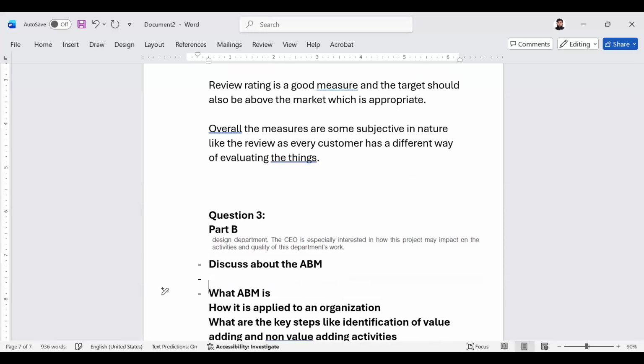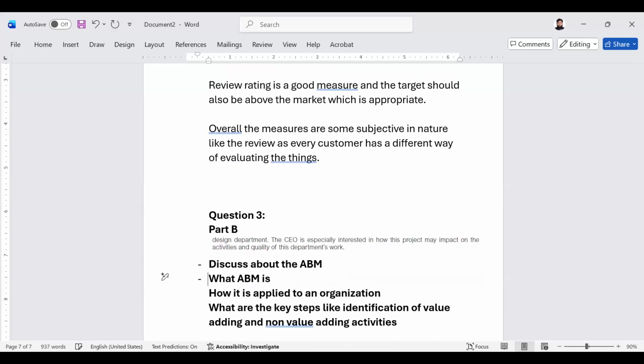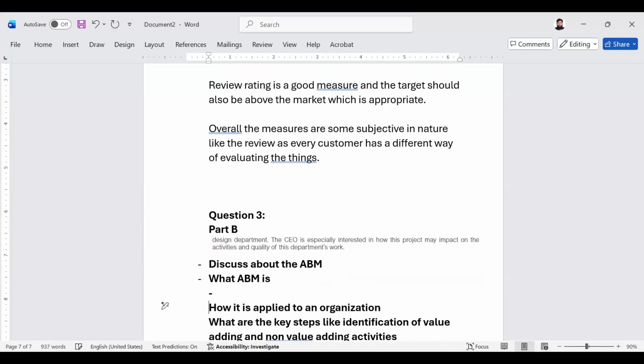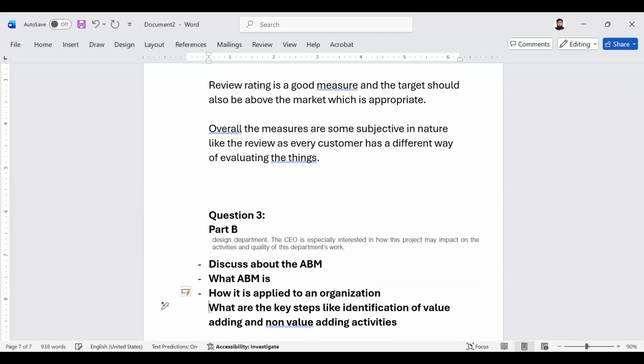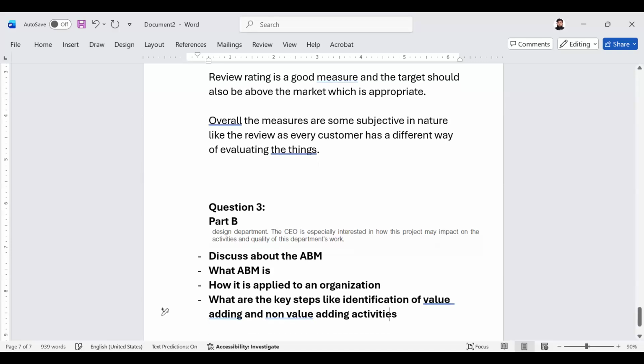So you have to talk about what ABM is, how it works, then what are the key steps, identification of value adding, non-value adding activities, etc.